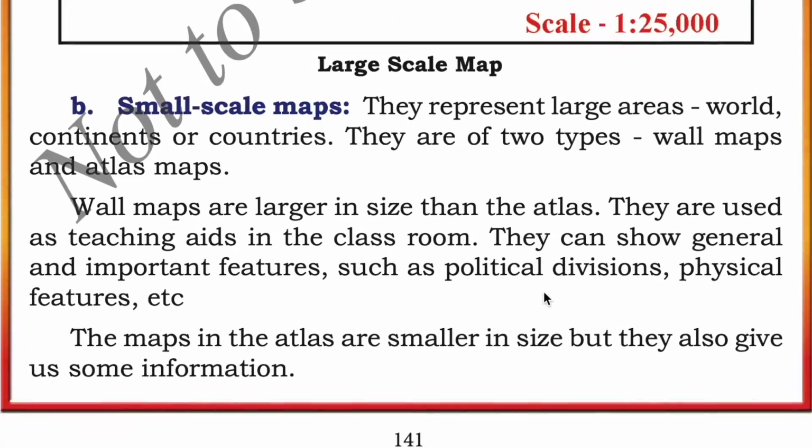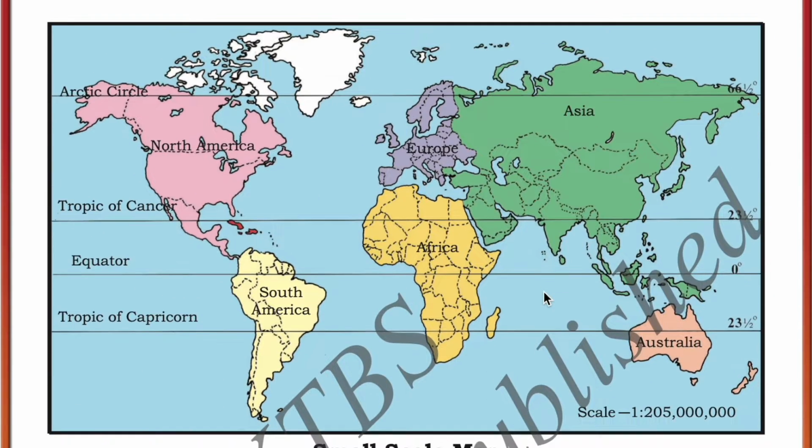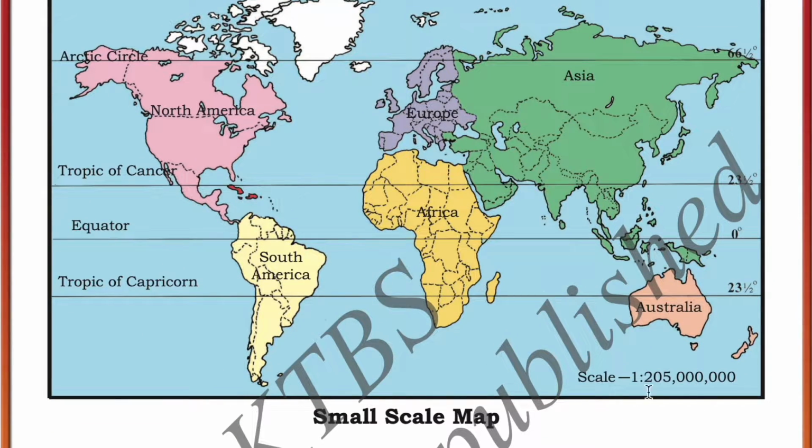Now coming to a similar scale in a small scale map, here you have 1 is to 205 million. Okay, so what this is saying is 1 centimeter in this map corresponds to 205 million centimeters in the real world.